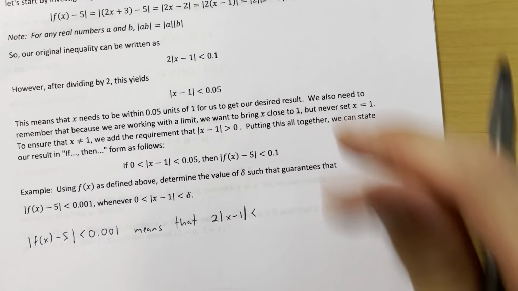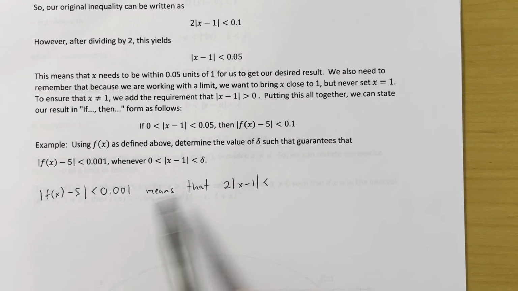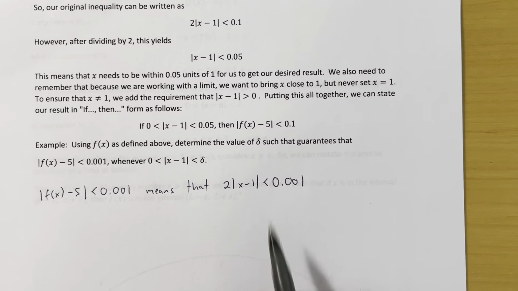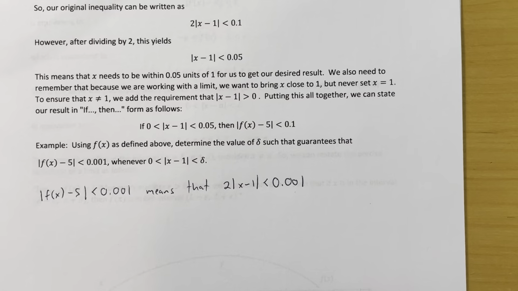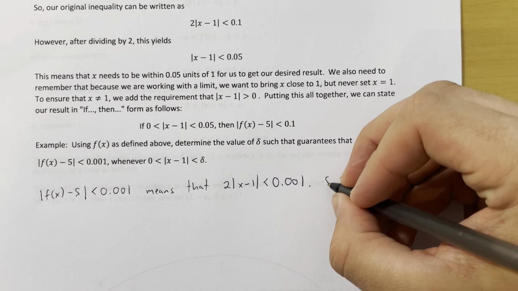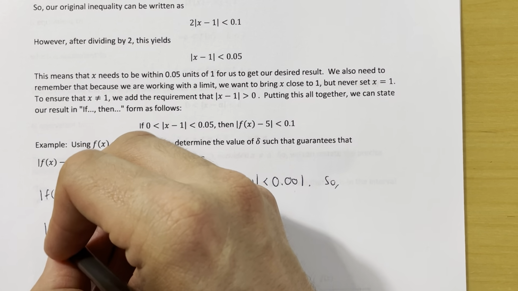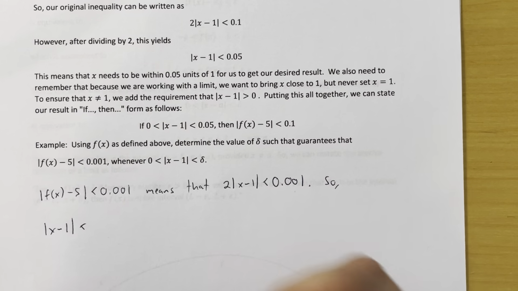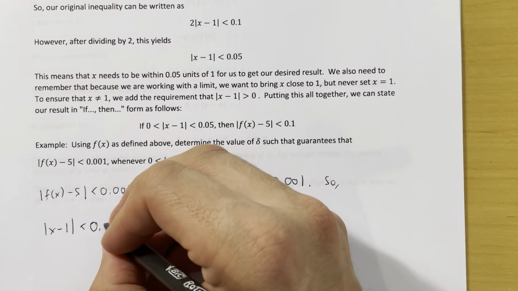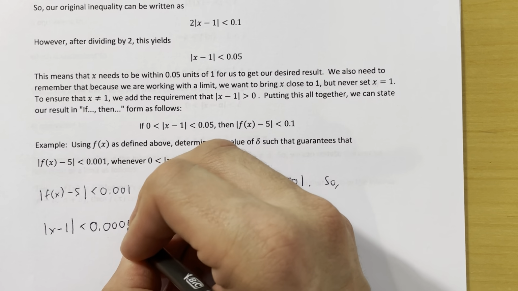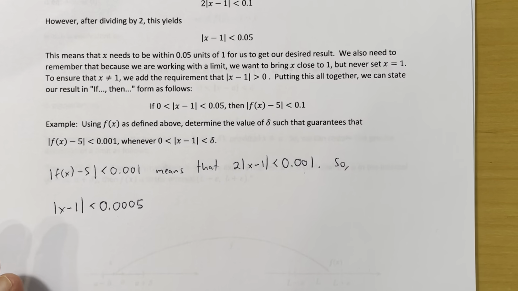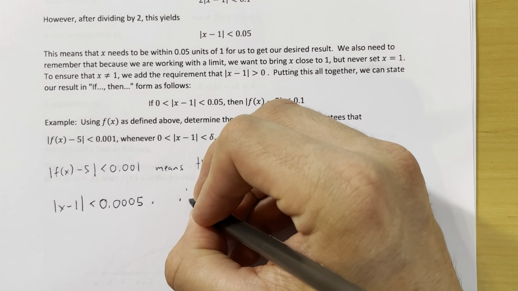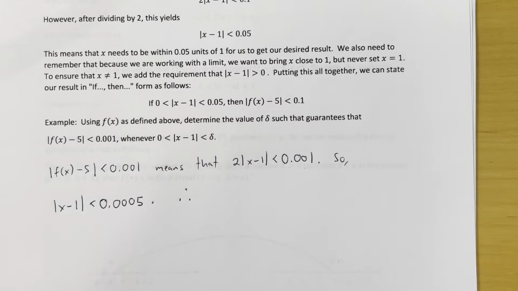And this is equivalent to this, so we would want this to be less than 0.001. Dividing both sides of this by 2, the absolute value of x minus 1 would be less than 0.0005. Okay? Therefore, this little symbol right here, these 3 dots in a triangle, means therefore.